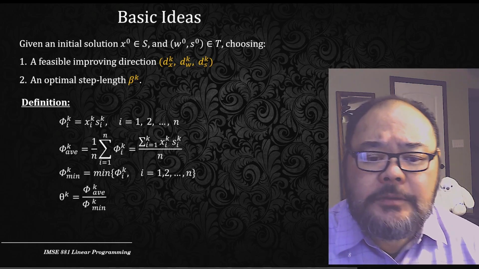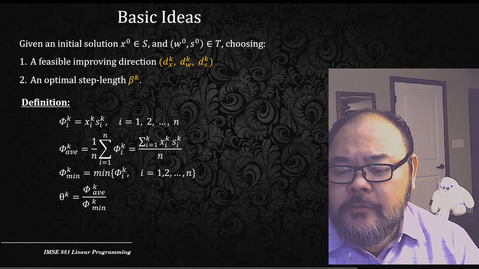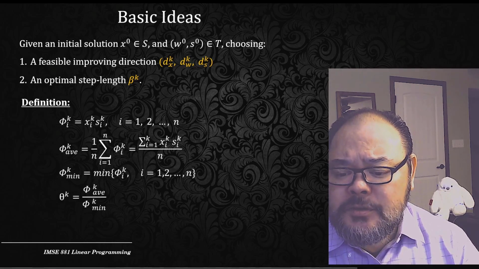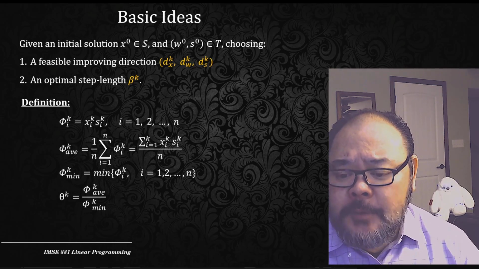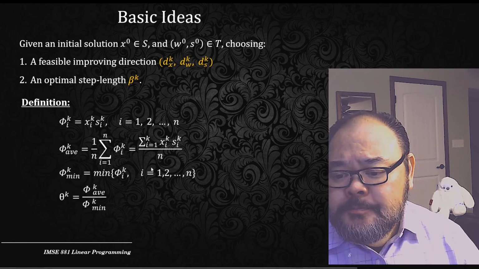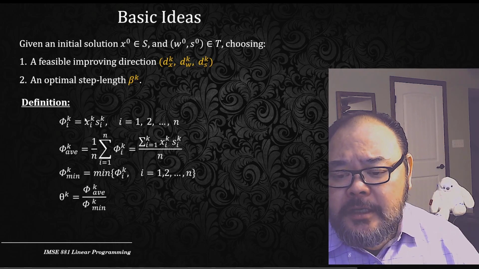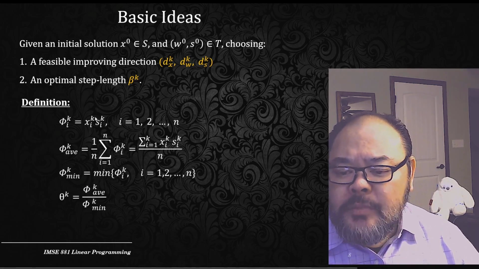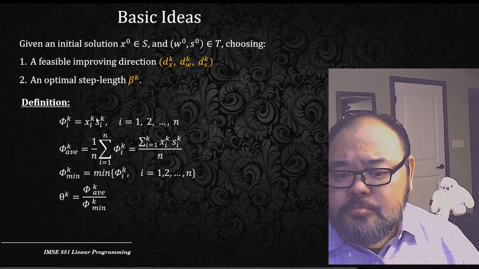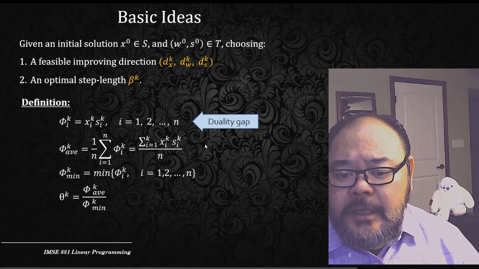This becomes a little bit complicated, so what we do is first set up a few intermediate measurements to help us gauge the process and measure how well we converge. First is phi_ik equal to x_ik times s_ik. This is basically the duality gap divided by n, and this is what we call the duality gap.